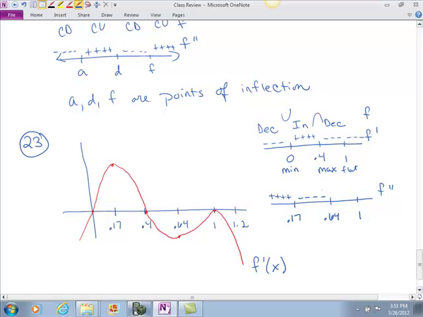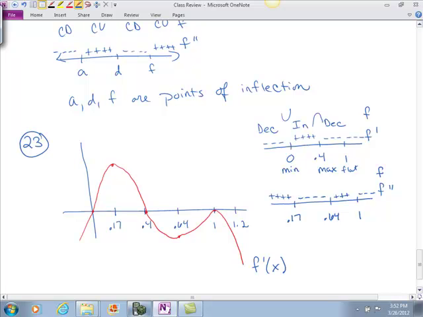Between 0.64 and 1, our first derivative is increasing, so you have positive second derivative values, and the original function is concave up there. And then our derivative is decreasing, so we have negative values for our second derivative.